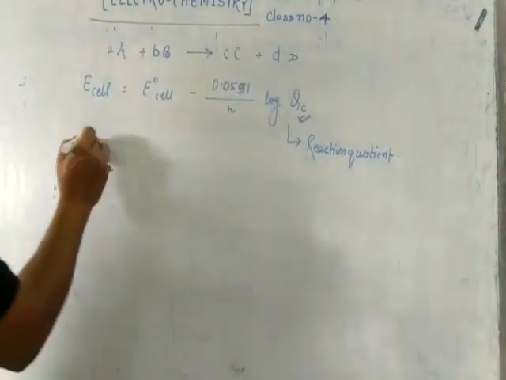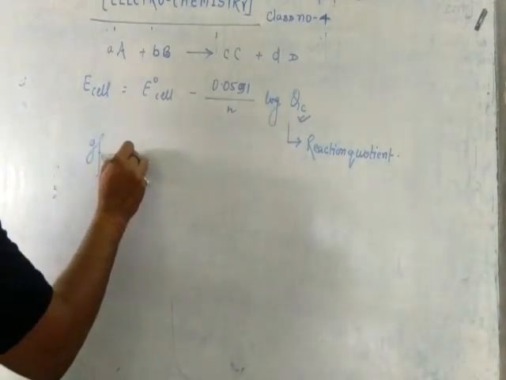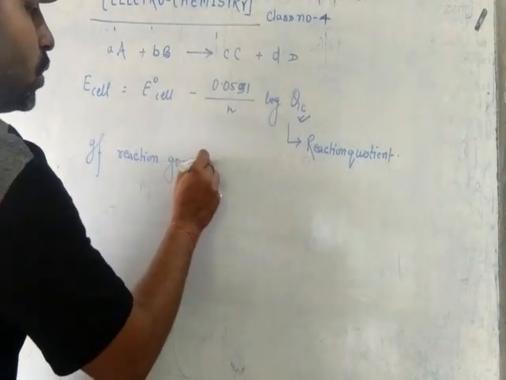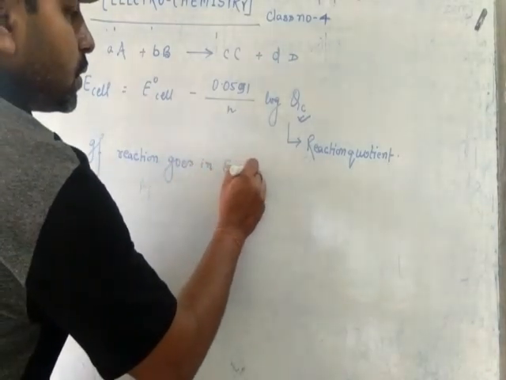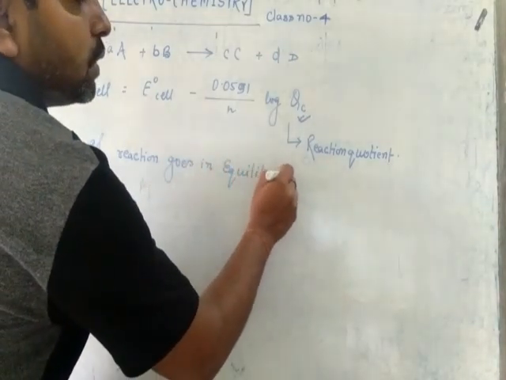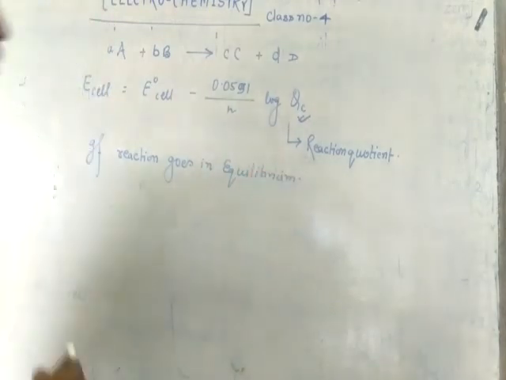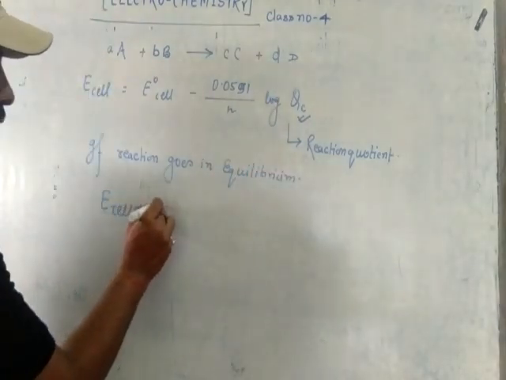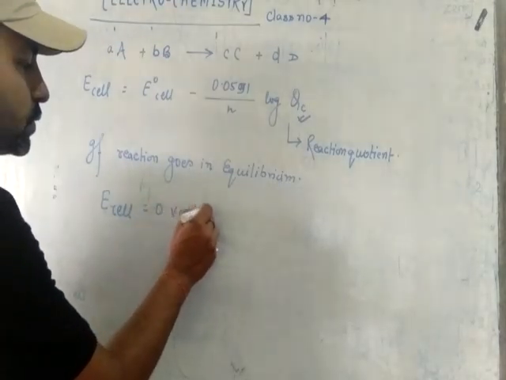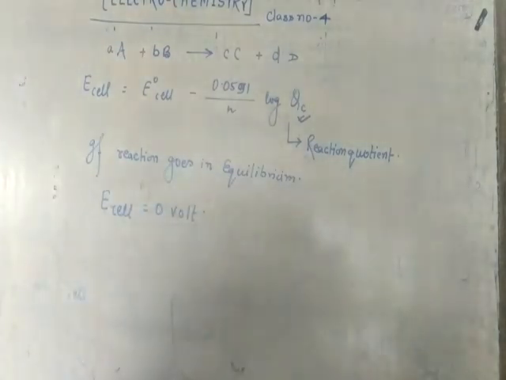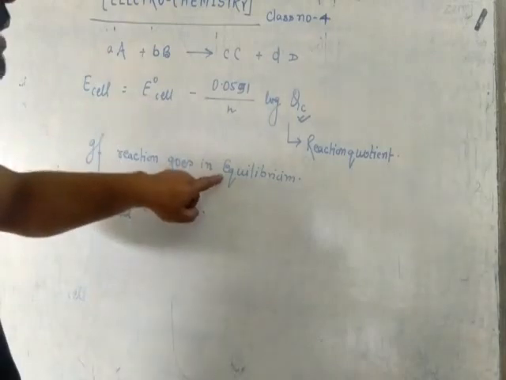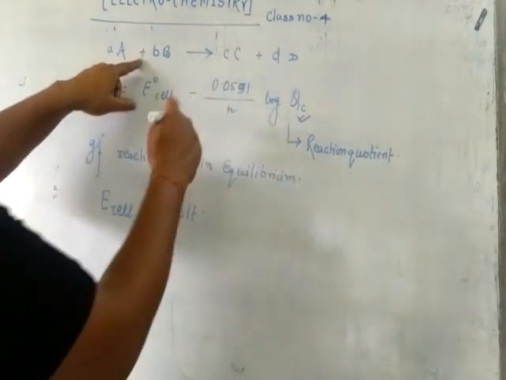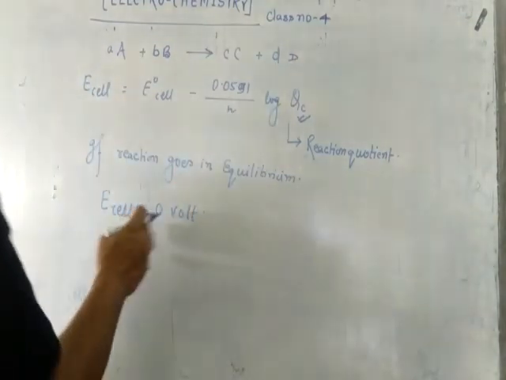Now students, if the reaction goes to equilibrium, then E cell is 0 volt, because when the reaction reaches equilibrium, the rates of forward and backward reactions are equal.